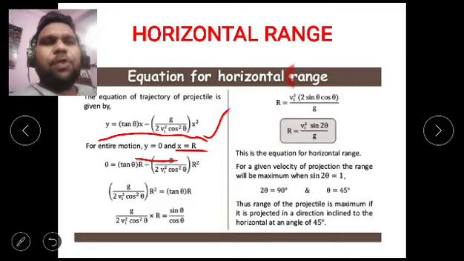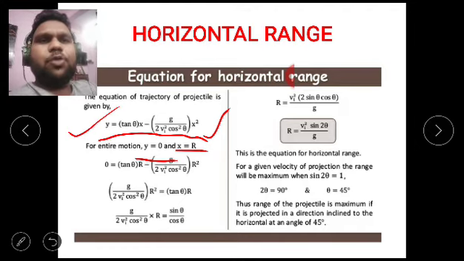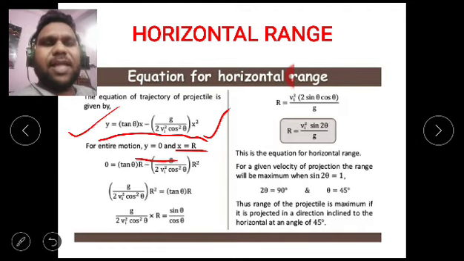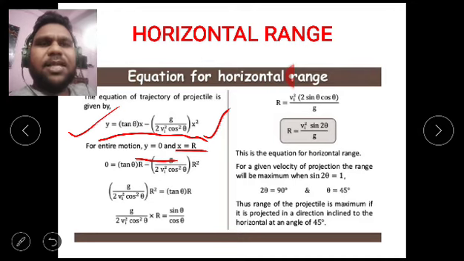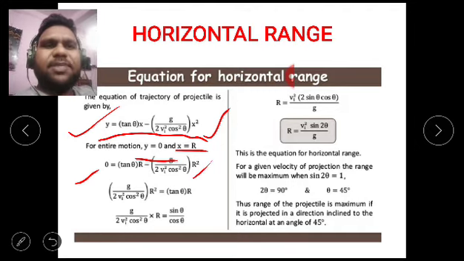So put the value of x is equal to R and y is equal to 0 in the equation of trajectory of the projectile. You will get 0 is equal to tan theta into R minus g upon 2v square cos square theta into R square. Now you need to rearrange the terms.